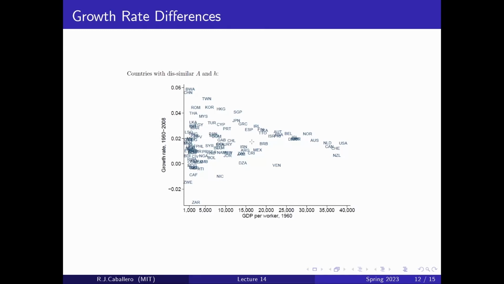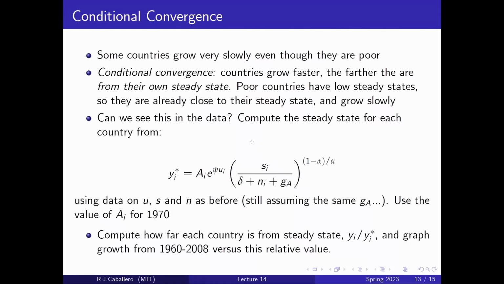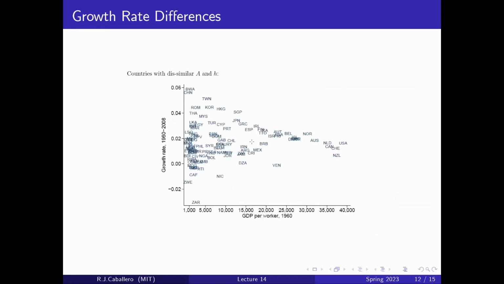Okay. So this led to a literature which is called the conditional convergence literature. And the idea is almost accounting, but the idea is the following. The question that was behind this literature is, well, why is it that we have some countries, say here, that have a very low income per capita and grow very slowly? That's the puzzle. How can it happen that we have that?